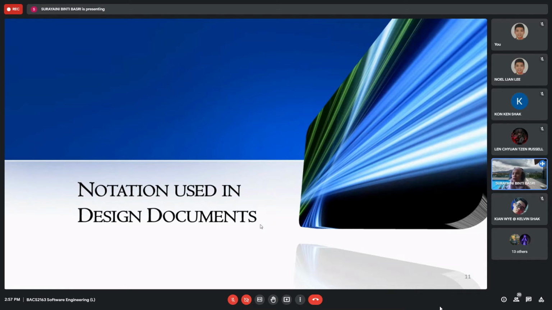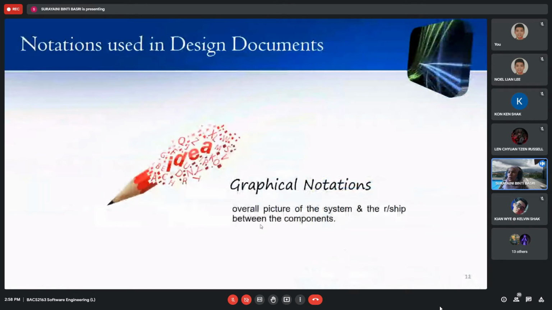That's why we use notation, because notation will help us understand more about the system. In this topic, we will learn about the notation that we will use in order to design our software. There are a few types of notation that we can use.